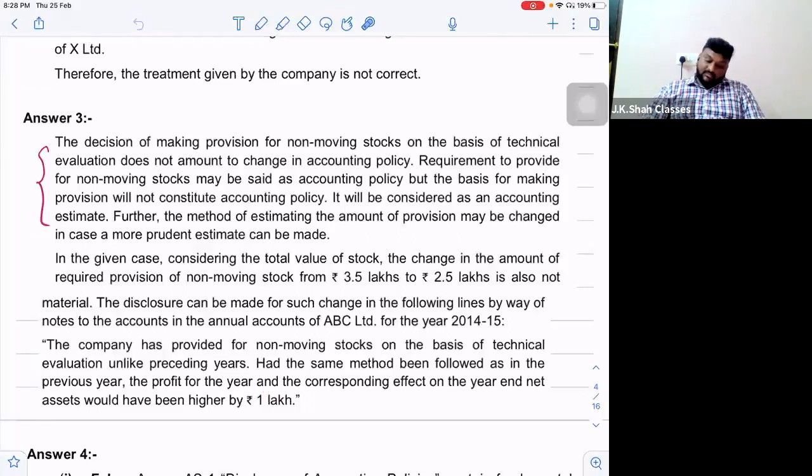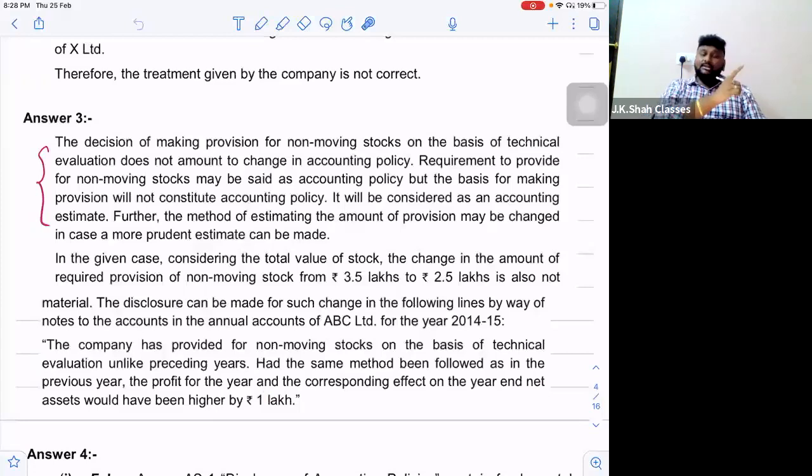Now what they say, had the same method been followed as in the previous year, the profit for the year and the corresponding effect on the year-end net assets would have been higher by 1 lakh.